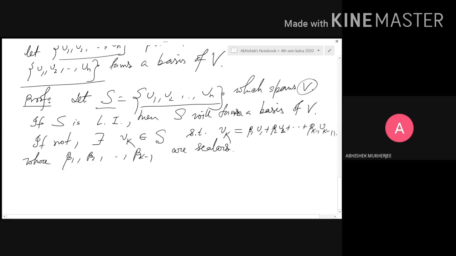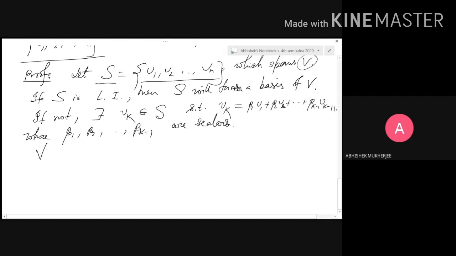Now, it is given that V is generated by S. That is, S spans V. So any vector in the vector space V can be expressed as a linear combination of the vectors of S, that is, a linear combination of V1, V2, ..., Vn.